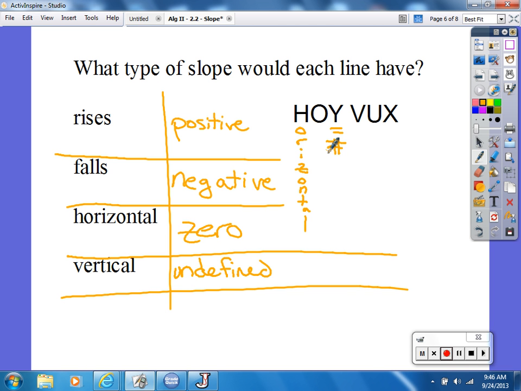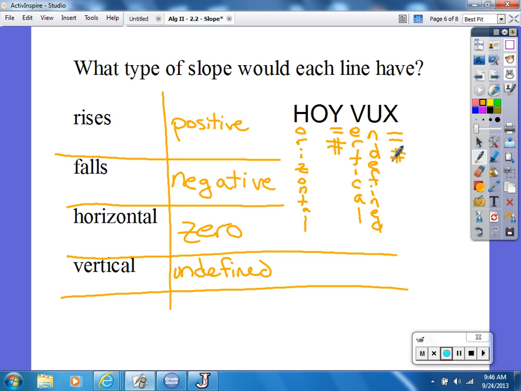Okay. V stands for vertical. It's a vertical line. And the slope of a vertical line is undefined. Hey, look, there's the U. Undefined. Okay. And tomorrow we'll be graphing these types of lines, and you'll know that it's a vertical line when it says x equals, and then there's a number of some sort.